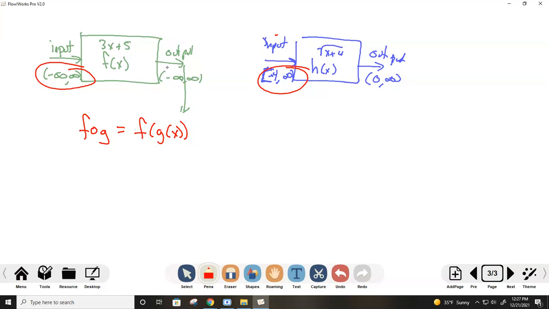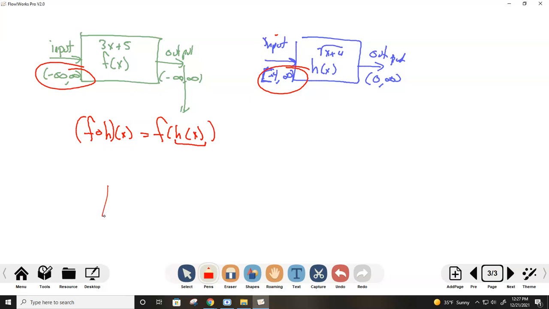So our picture is going to change now. We're going to first do the inside function, and I don't want g, I want h. So let me fix this. F of h of x.